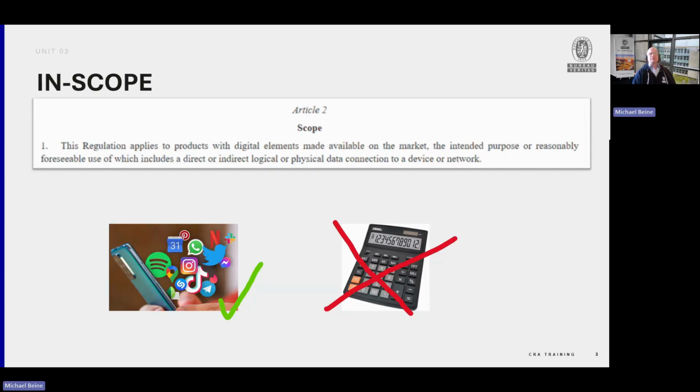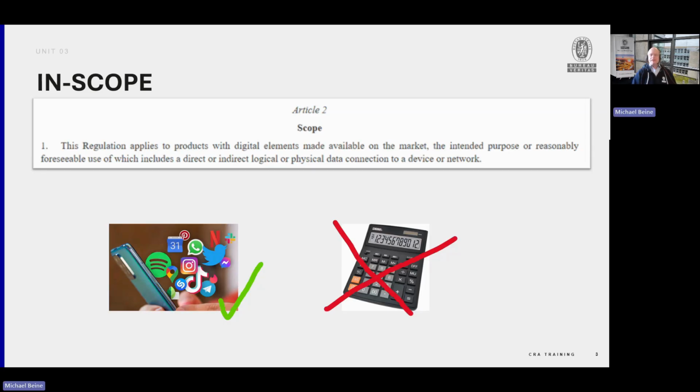I always get the question: is it the Play Store or the App Store that is responsible for it? I don't think so. I think the developer or manufacturer of the app, the provider of the app, is the one who needs to do the CE marking for it. It's like the distributor and the manufacturer. In this case, the App Store will be the distributor, and the app developer will be the manufacturer.